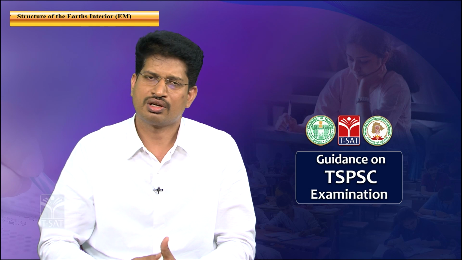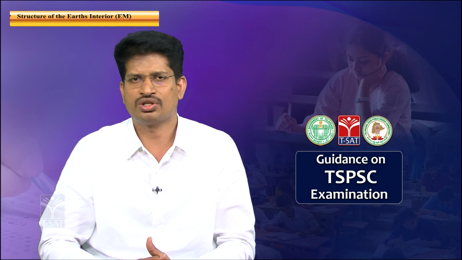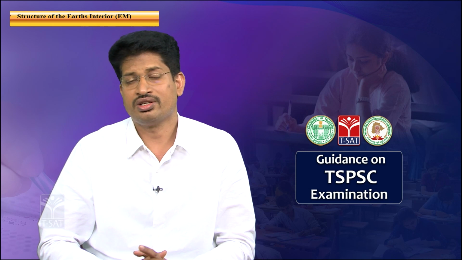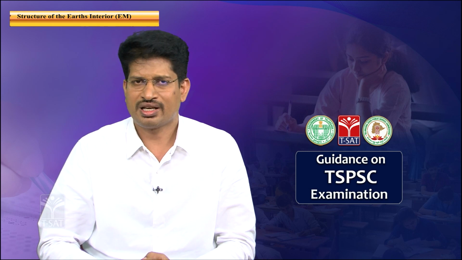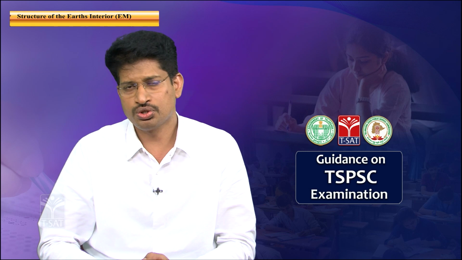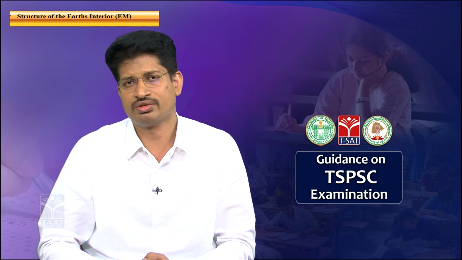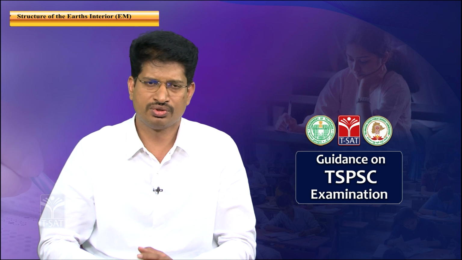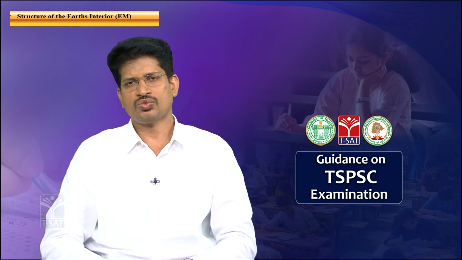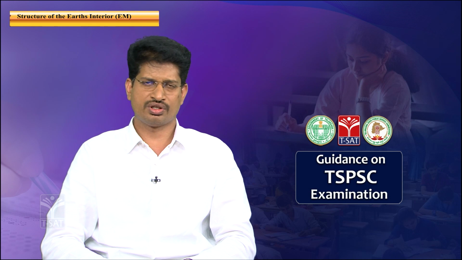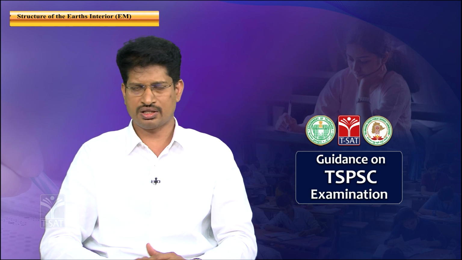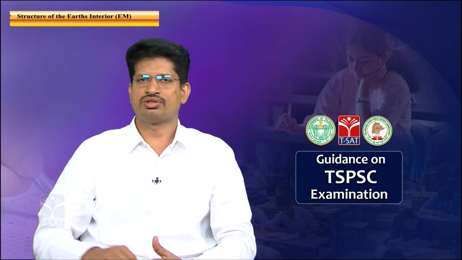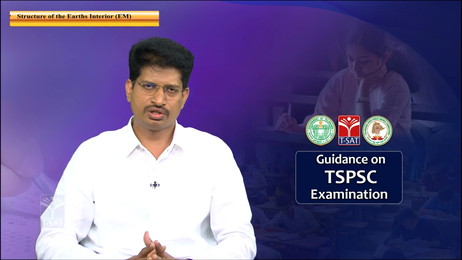Next, cultural geography studies different regions of the world and the nation, the cultural aspects of different regions, and how geographical factors are responsible for the variation of cultures of different people. This is the scope of geography, and today I am going to deal with the topic of the interior structure of the earth as part of physical geography.